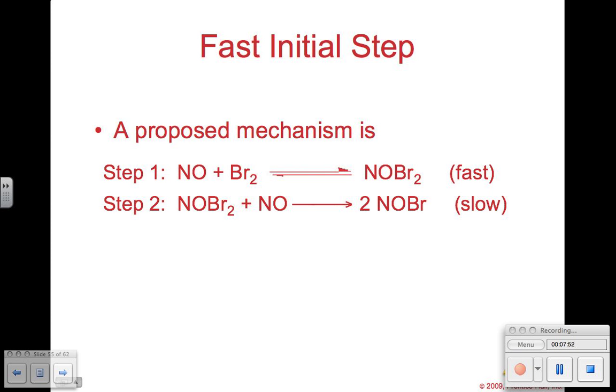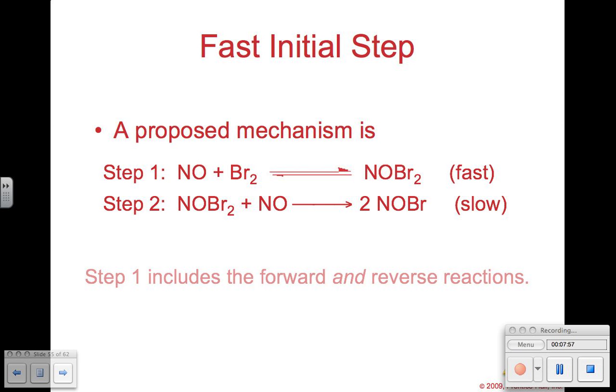So here is a proposed mechanism for this reaction. Your fast reaction is NO combining with Br2 to make NOBr2. And then you get this second step where it combines with NO again, and the Br2 gets broken up. Now, you notice how the first step has an arrow between the products and the reactants with a reverse and a forward.